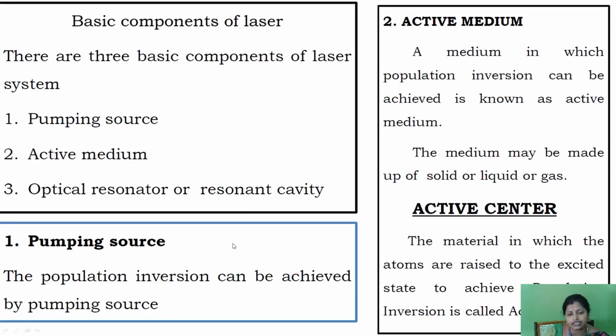Only when N2 is greater than N1 is population inversion achieved. By the pumping source acting on this material, when the excited state atoms return, laser light is emitted.